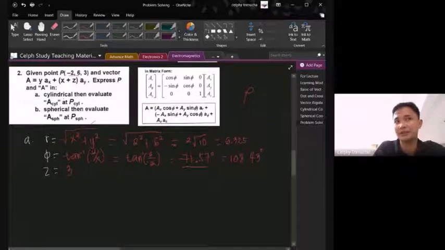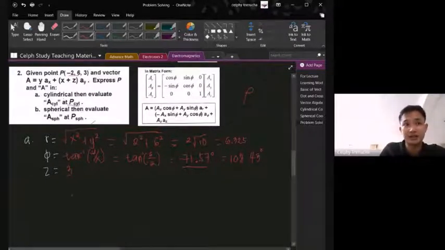Amo na ilang ginagamit pero that is equal lang na siya sa imong r. Ari ang ginapamangkot niya nga P in cylindrical.